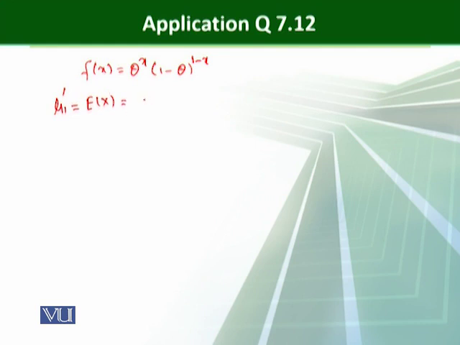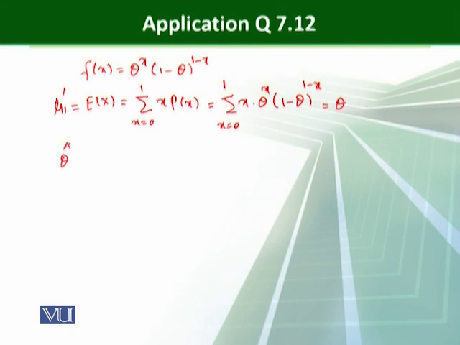That is equal to the sum over x from 0 to 1, because it is a Bernoulli trial, so x is 0 or 1, of x into p(x), which is x into theta raised to power x into (1 minus theta) raised to power (1 minus x). When we put in the values x = 0 and 1 and solve, we find this equals theta.